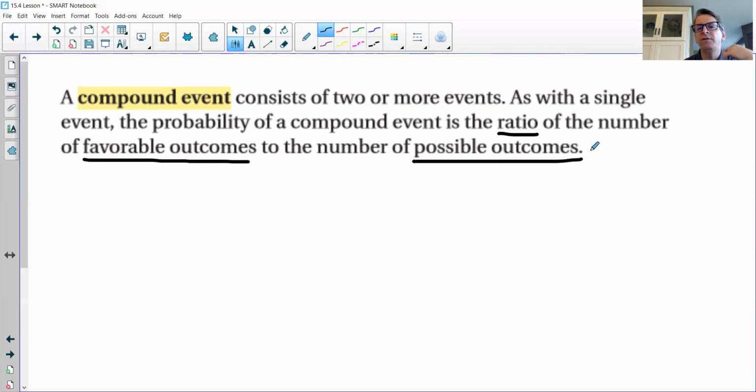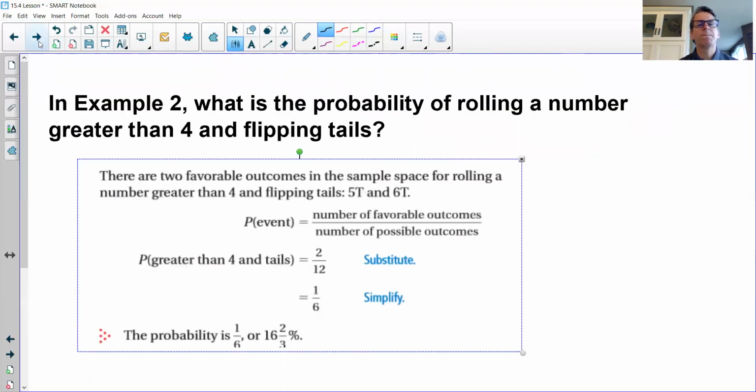So we have to use the counting principle to help us with the possible outcomes. And we're going to also use it, but we have to do a little identifying on the favorable outcome side of things. Okay, so let's look at example 4 here.